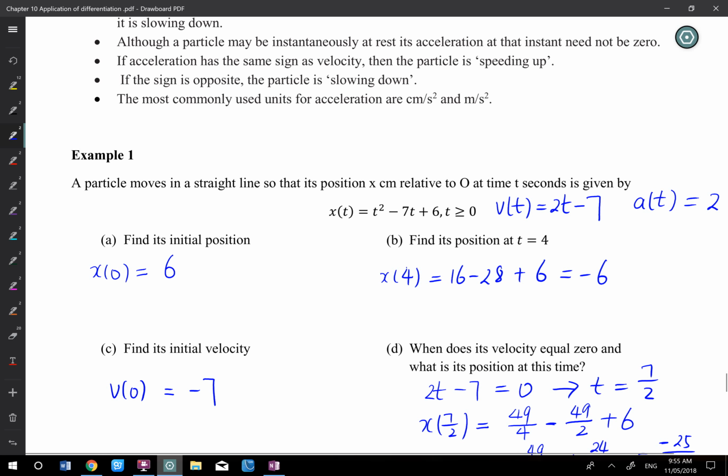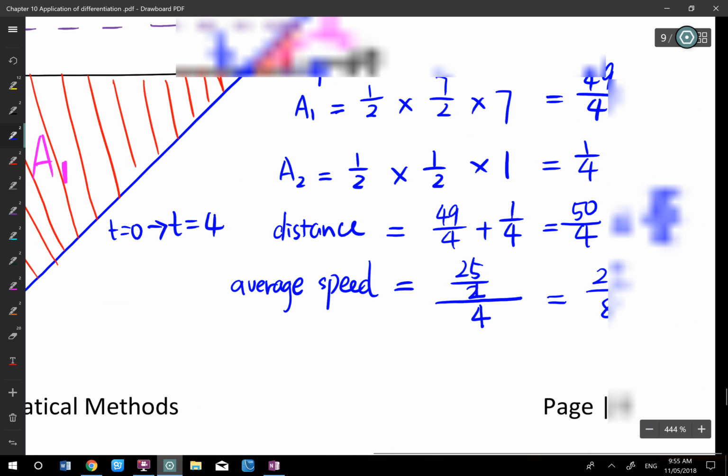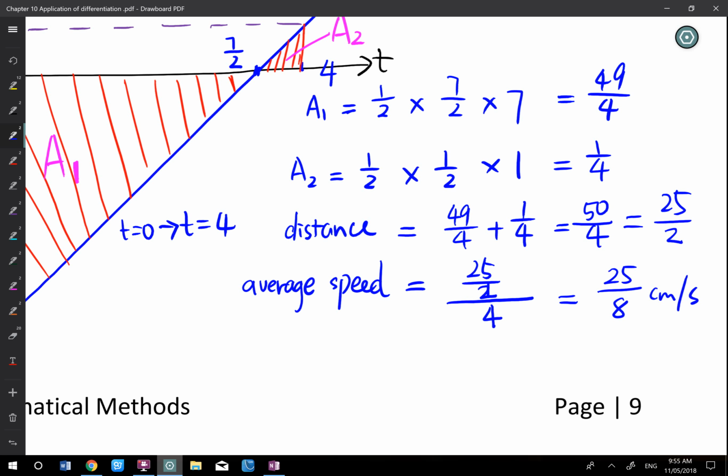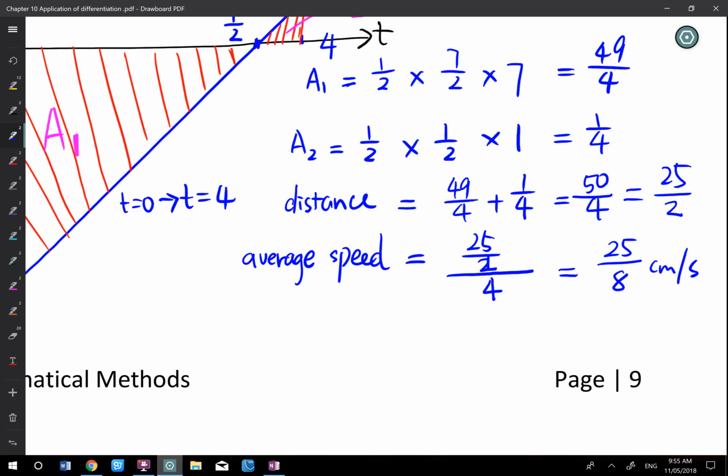If t is in seconds and x is in centimeters, the speed will be centimeters per second. I can put that on, but you won't lose marks because of the unit. That's why we encourage students not to put units, because if you put the wrong unit, it can be wrong. But if you're confident with that, just put it on. So that's the average speed.